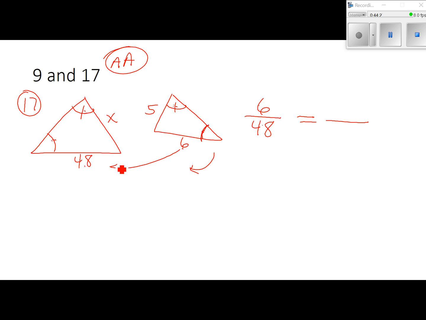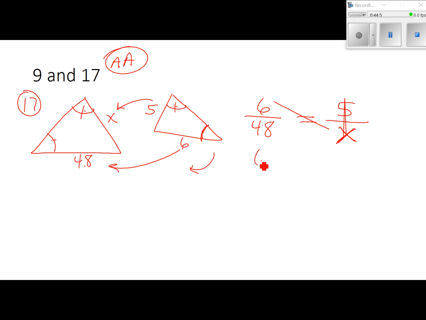Now, since I started with the 6 and I went to the 48, I've got to go that same direction in this second ratio. So that means I'm going to use the 5, and if I flip this around, the 5 is going to match up to the x. It's supposed to be an x.